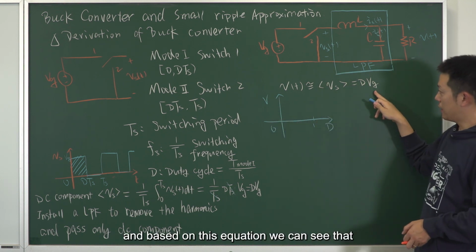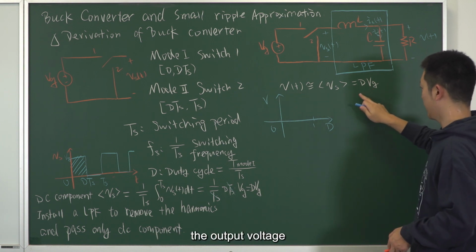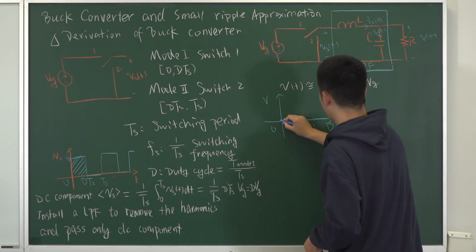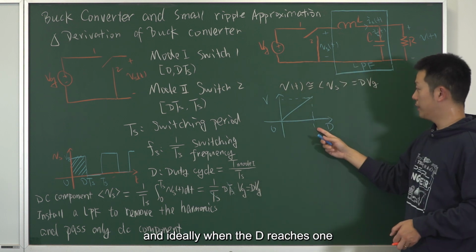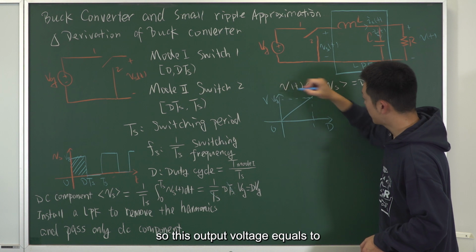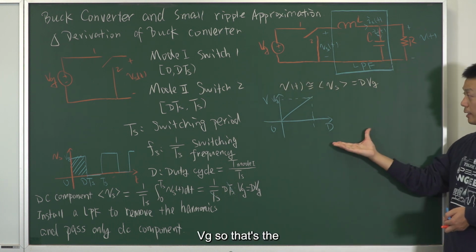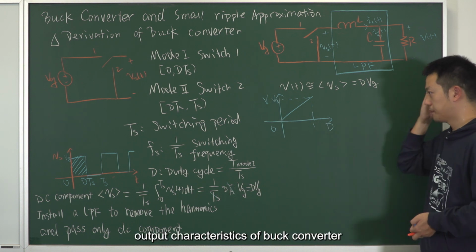Based on this equation, the output voltage rises linearly with the increase of D. And ideally, when D reaches 1, the output voltage equals Vg. So that's the output characteristics of the buck converter.